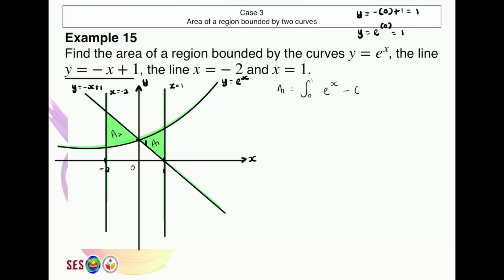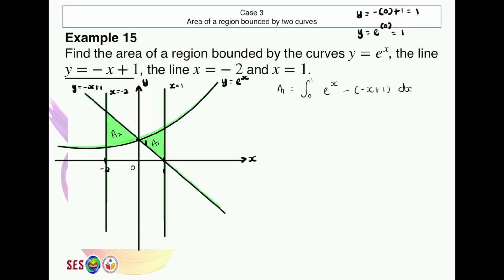So minus x plus 1. We are using the formula upper function minus the lower function. The whole thing is integrated with respect to x. So this is what we'll get.